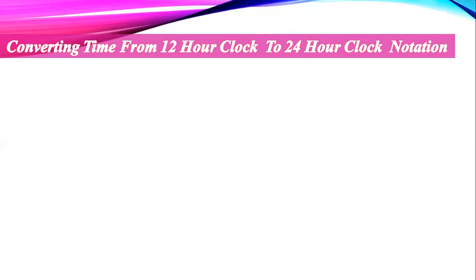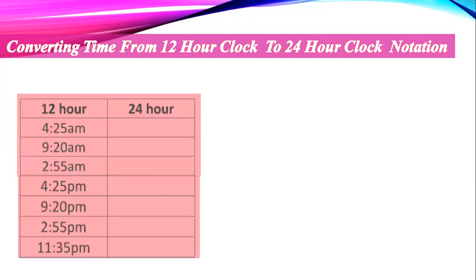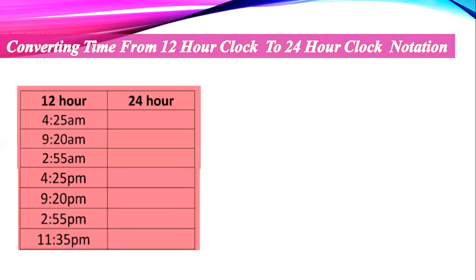Now students, have a look at this table. In this table, we have to convert 12 hours to 24 hours. Alright students, as I have explained earlier, whenever the time is in AM, the time will remain the same. As you can see, 4:25, 9:20, 2:55.